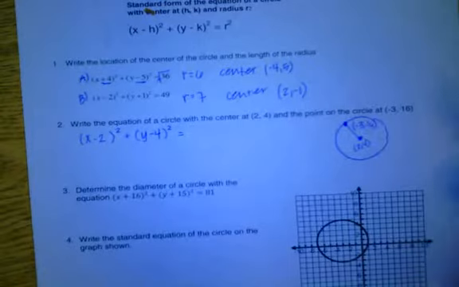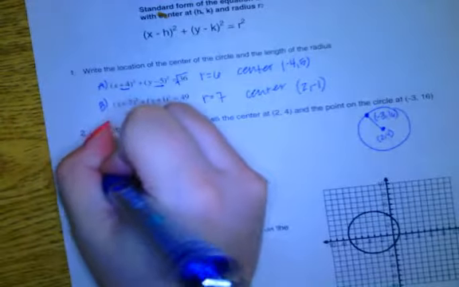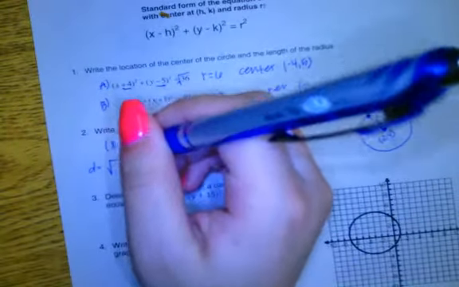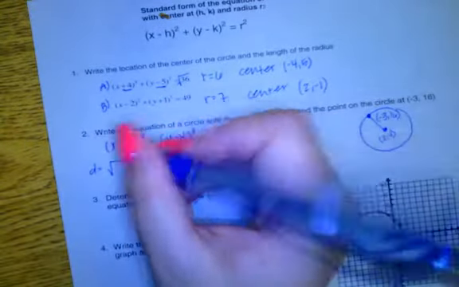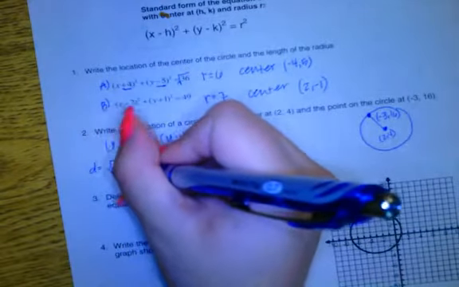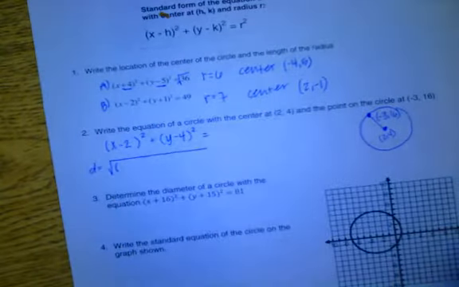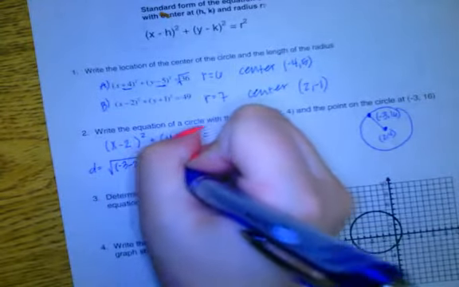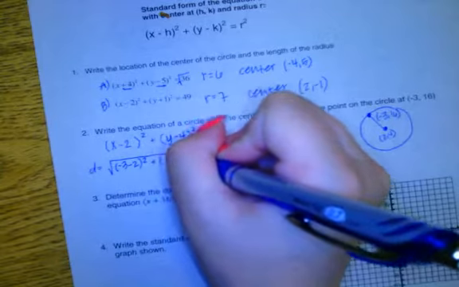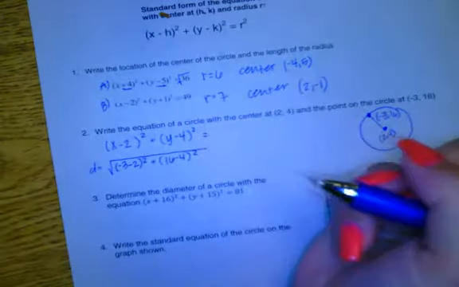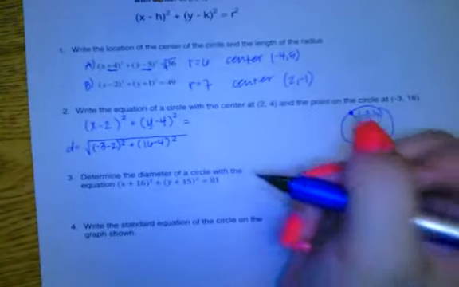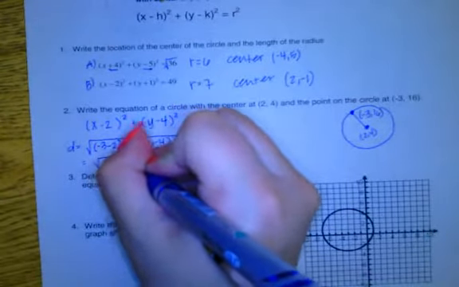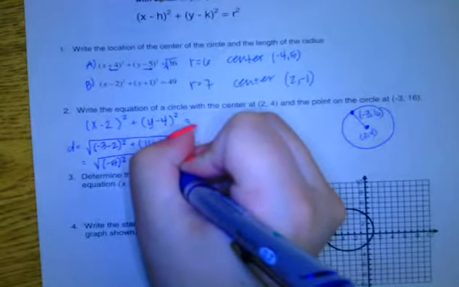Okay, so I have x2 minus x1 squared, y2 minus y1 squared. Negative 3 minus 2 squared plus 16 minus 4 squared, which equals negative 5 squared plus 12 squared. Where did you get 16 from? The point.